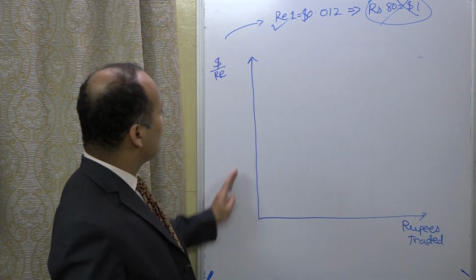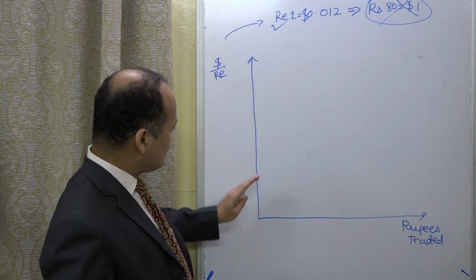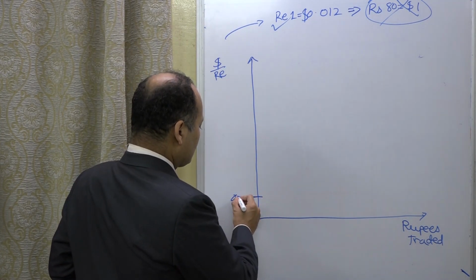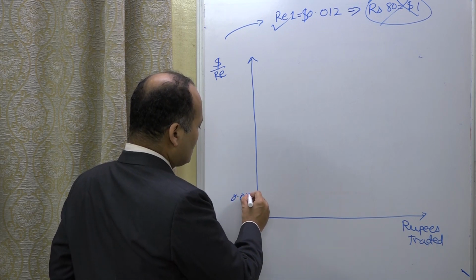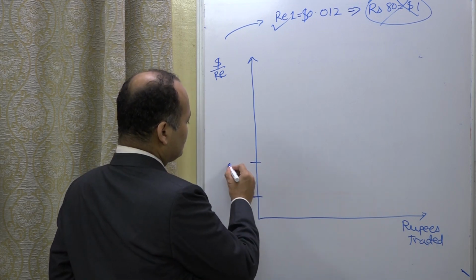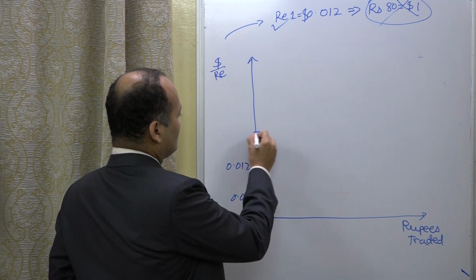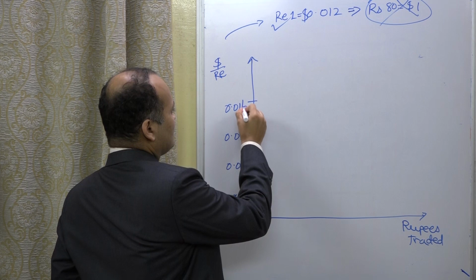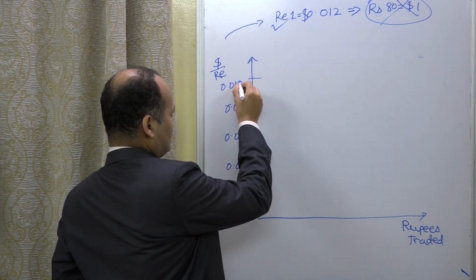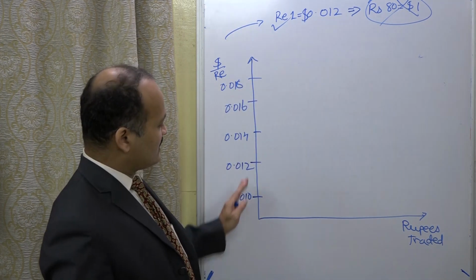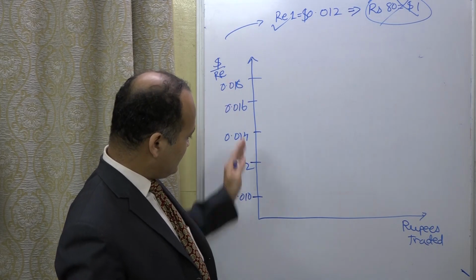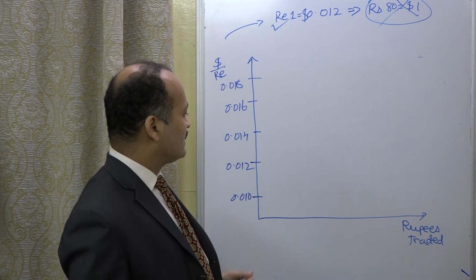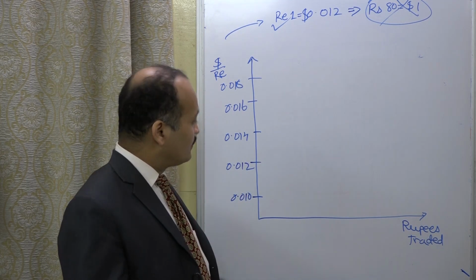Okay, so as we move up the y-axis, the rupee is appreciating. That means this will be, say, 0.010, 0.012, 0.014, 0.016, 0.018, like this, because the numbers are increasing, and now it is intuitive that as we are going up the y-axis, the rupee is also appreciating.